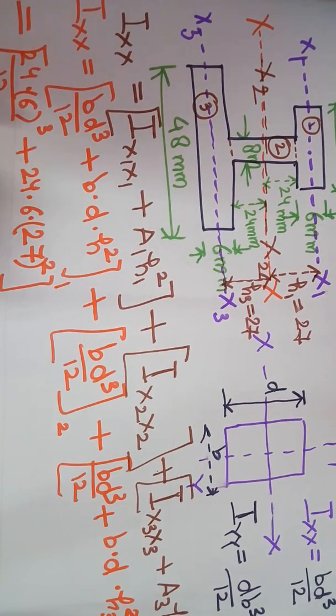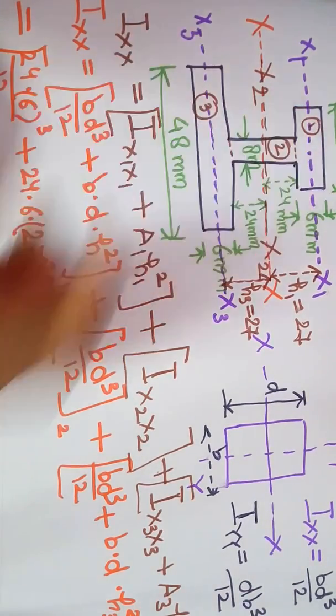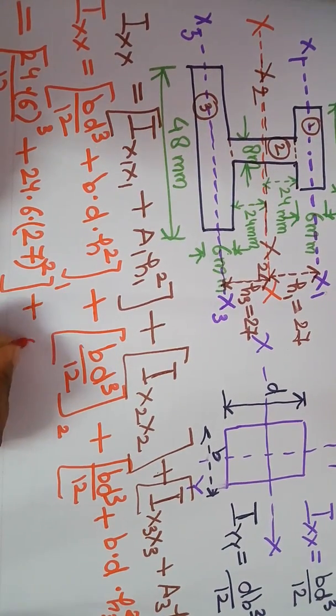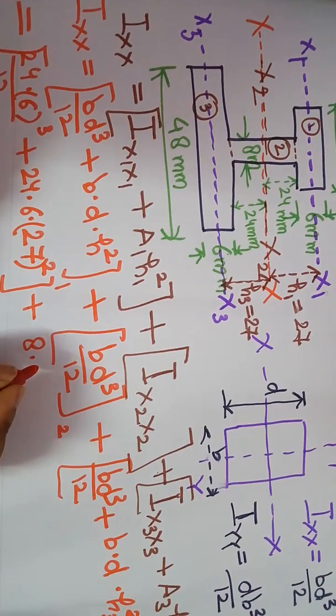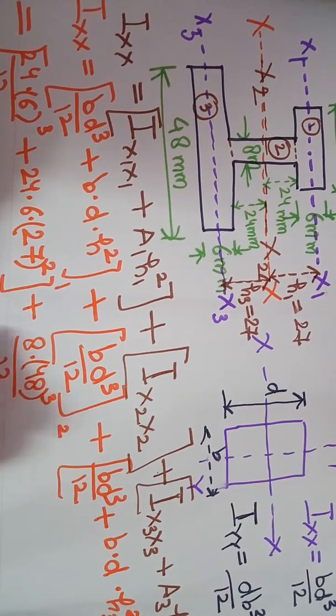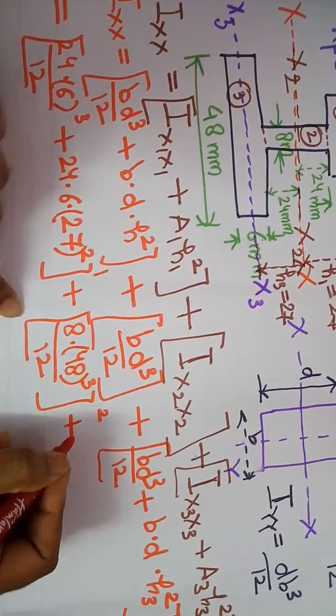Now we have got h3 as well as h1, so we can put those values over here. Now we get bd cube by 12 for the second rectangular portion, where b is 8 and d is 48, cubed, divided by 12, then the bracket closes.